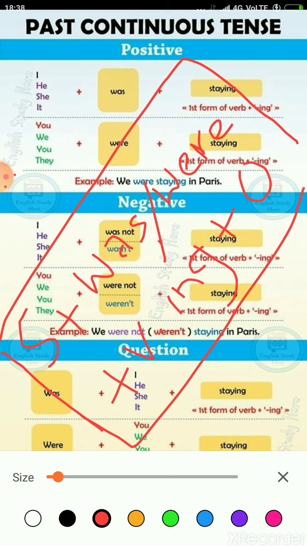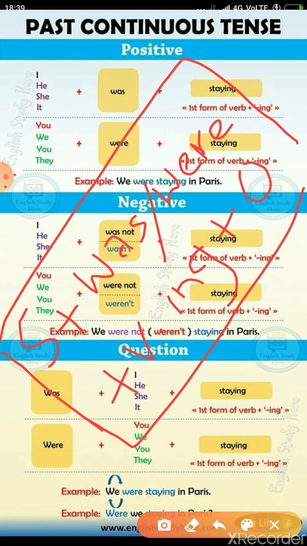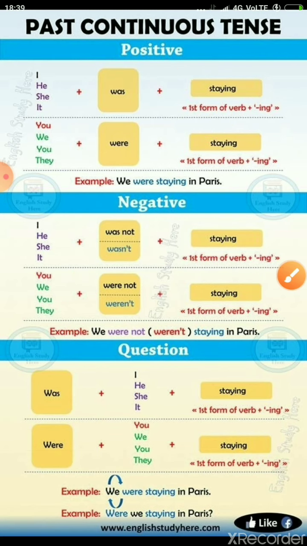That is the structure of past continuous tense. Many students pronounce "were" incorrectly; the correct pronunciation is "were", not "where". Subject plus was or were plus V-ing plus object. So you better understand what past continuous tense is.